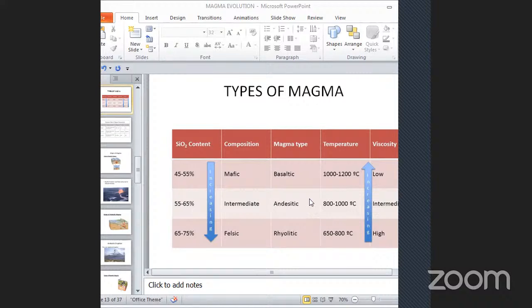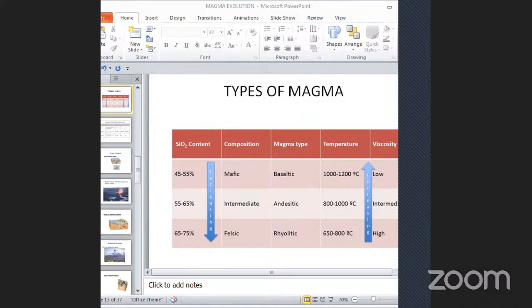So mafic describes magma or igneous rocks that are rich in magnesium and iron, and generally dark in color. So common minerals in mafic rocks include plagioclase feldspar and also pyroxenes. So the mafic family includes the common rocks basalt and also gabbro.